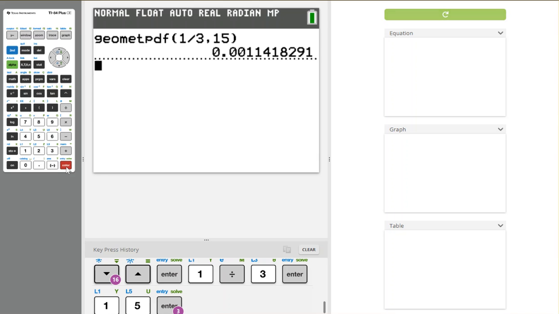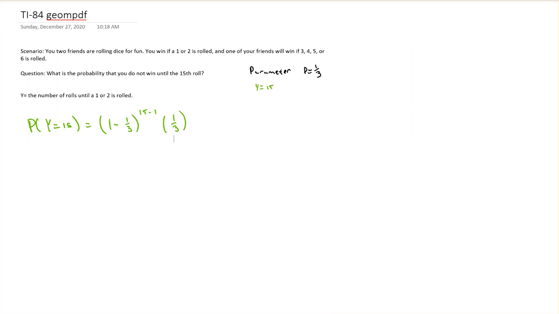So what would I need to write in order to receive credit for this on the AP exam? Well, I need to specify what the values are. What I would write to receive credit is geometpdf, because this is the function in my TI-84 calculator I'm using.